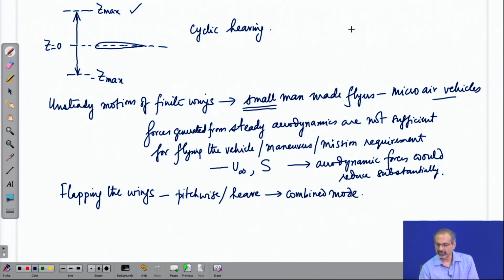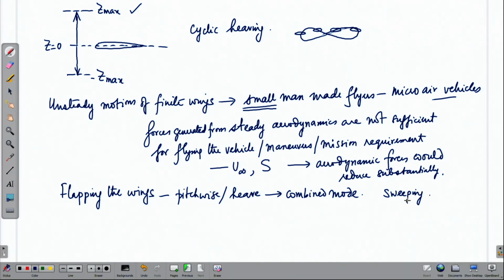That means, the wing executes a movement in this form through a particular trajectory, which we call as sweeping the wing, that is an additional degree of freedom basically. Substantial unsteady forces can be generated.